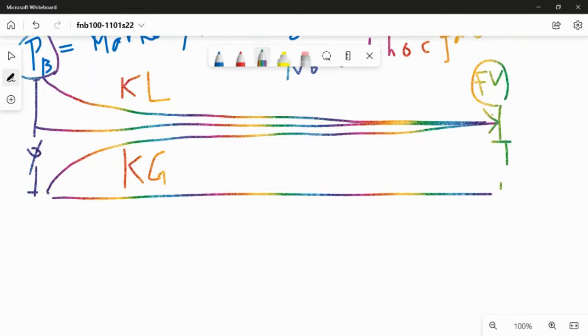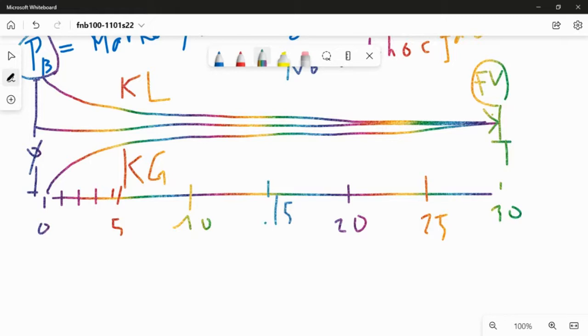If it is 30 years, this is 10, 20, 30, and 5, 15, 25, from time zero, every year.